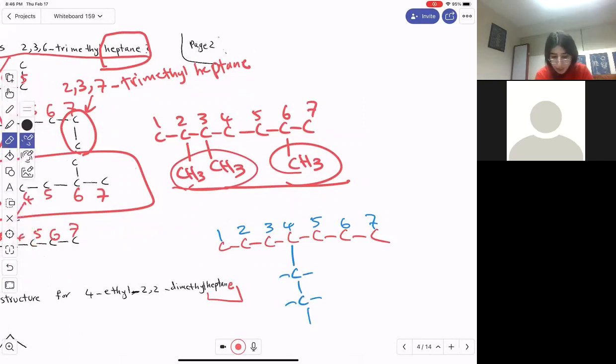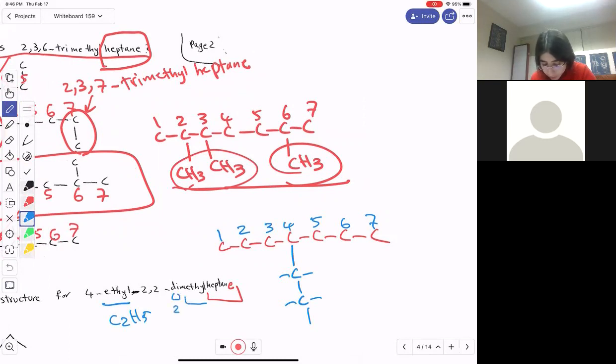Remember, ethyl, C2H5, is ethane that has lost a hydrogen. Di means 2, methyl, which is CH3: 2 and 2 of CH3s.